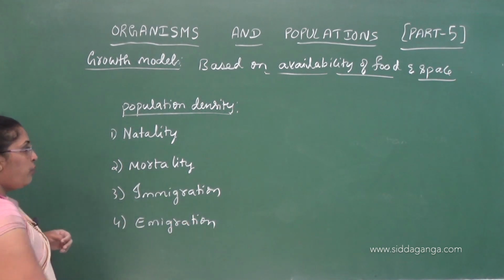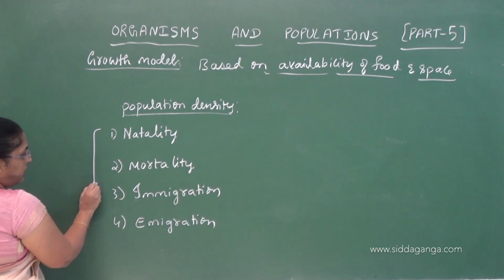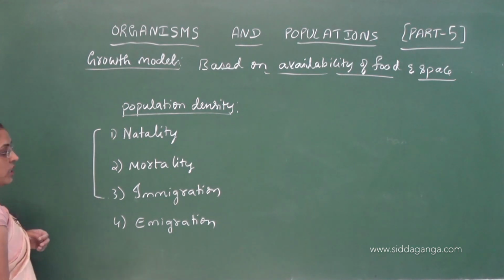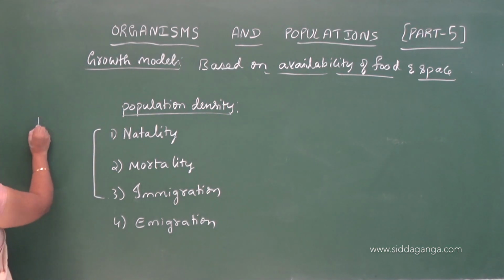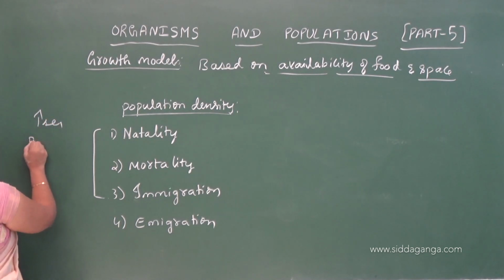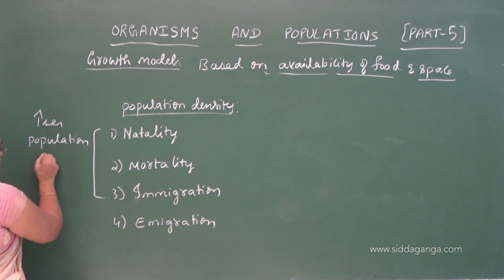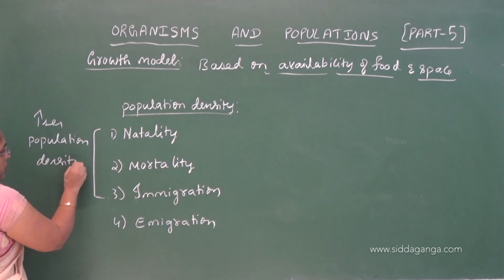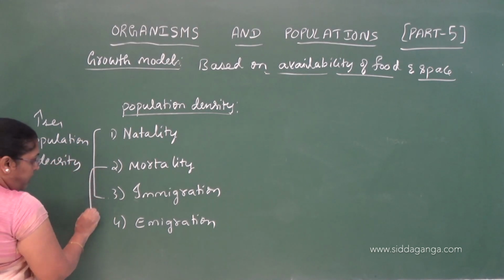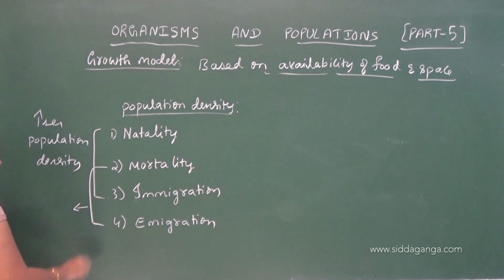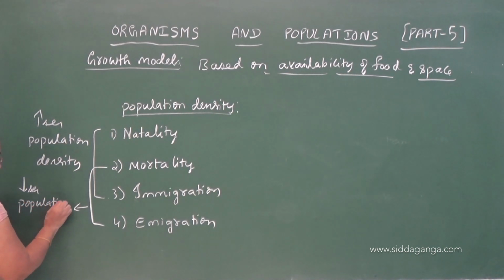Of these, natality and immigration increase population density, whereas mortality and emigration decrease population density.